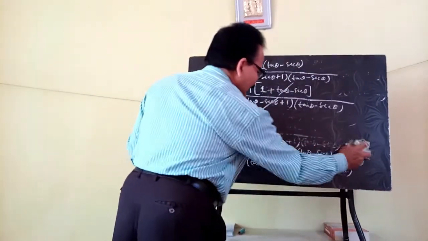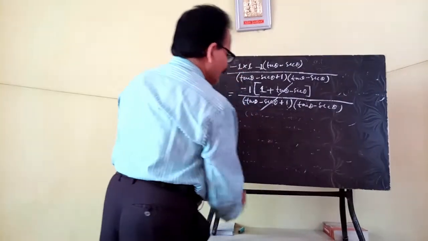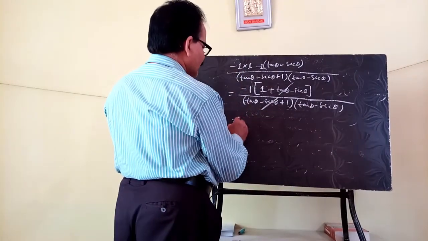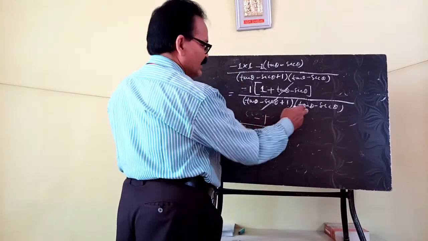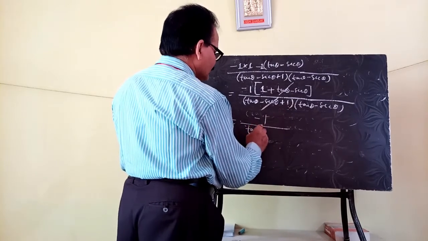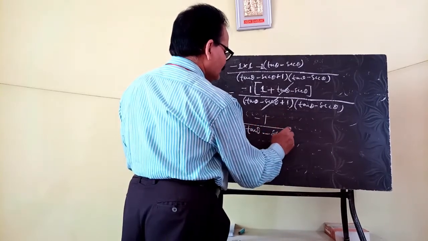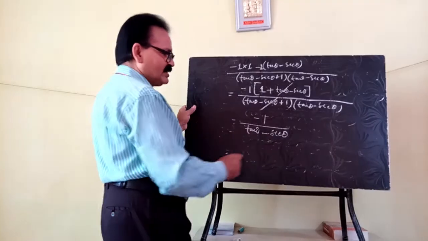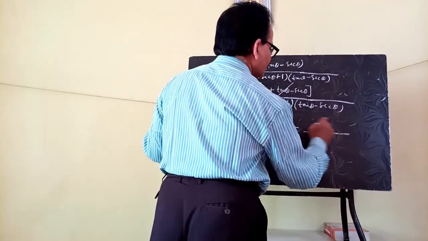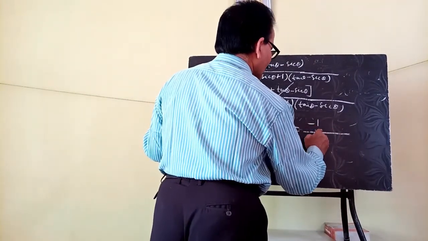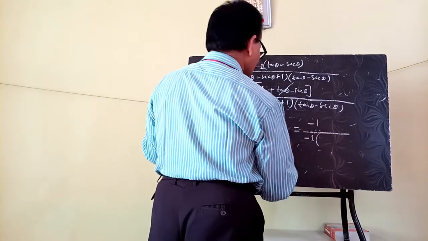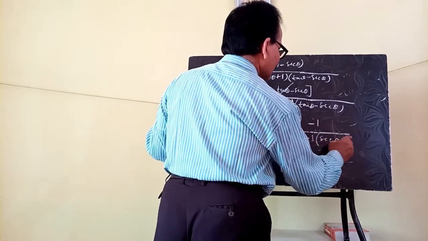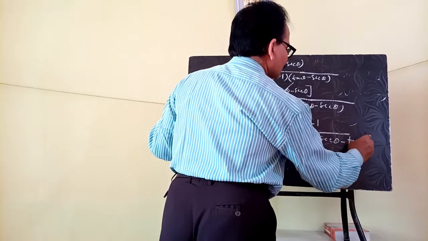Then what will be left? You have minus 1 in the numerator, and in the denominator it is your tan theta minus sec theta. Again from the denominator you take minus 1 common, then here it is sec theta minus tan theta.